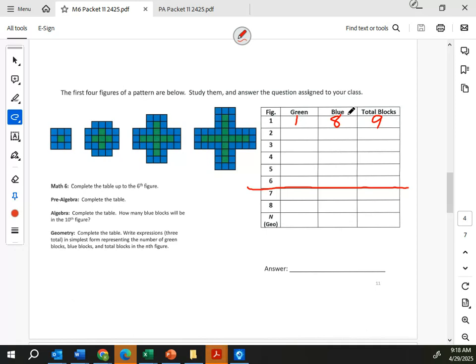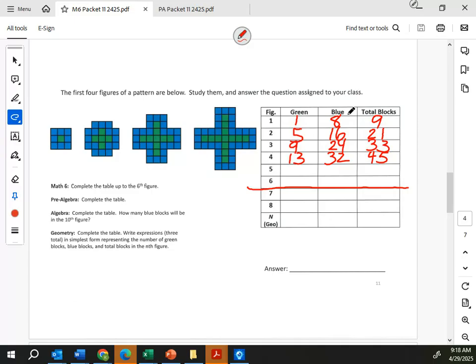Our second figure has 5 green with 16 blue for 21 blocks. The third figure has 9 green with 24 blue for 33 total blocks. And our fourth figure has 13 green with 32 blue for a total of 45 total blocks.